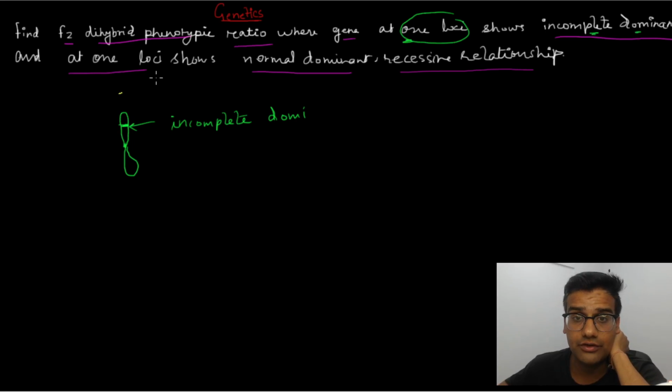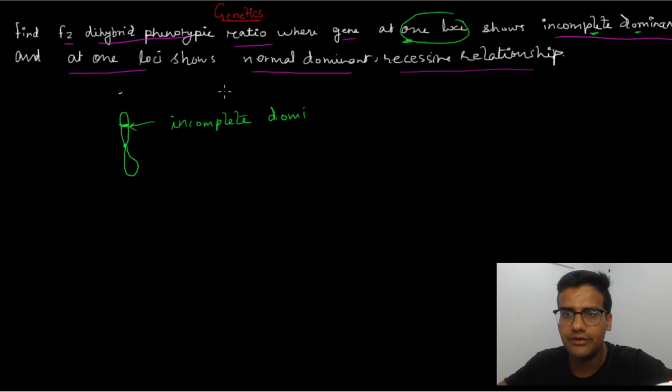Please read the question carefully before you proceed to solve it. The other gene on the chromosome shows the normal dominant recessive relationship.